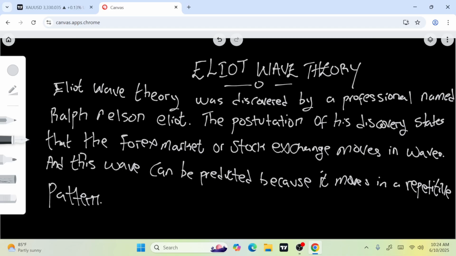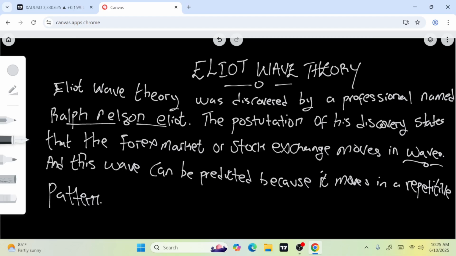So now let's start again. Elliott wave theory was discovered by a professional named Ralph Nelson Elliott. Please take note of this name. It was this man that postulated that the forex market moves in a certain way, which we refer to as waves.